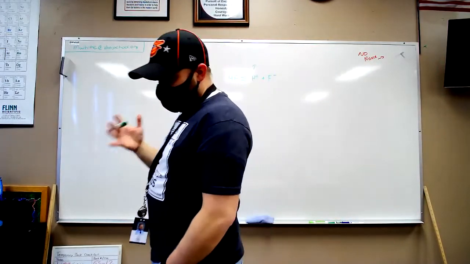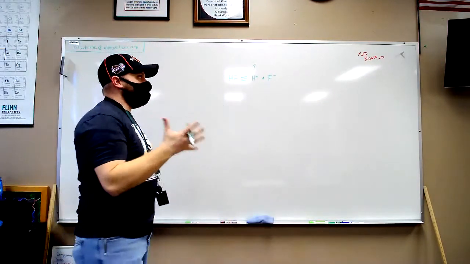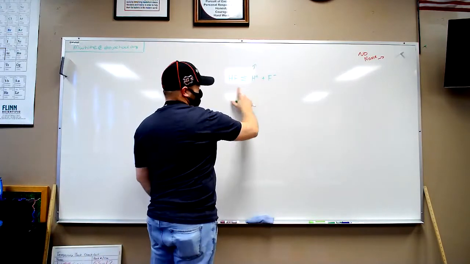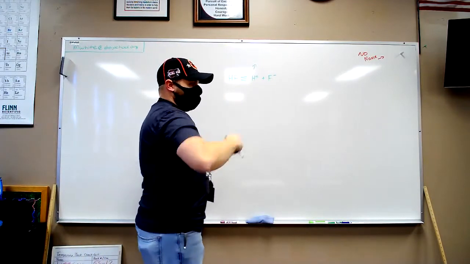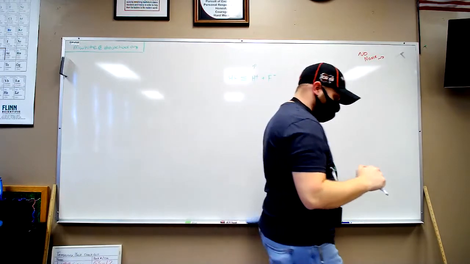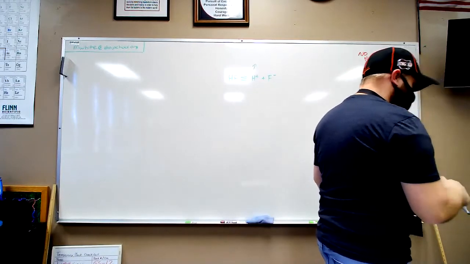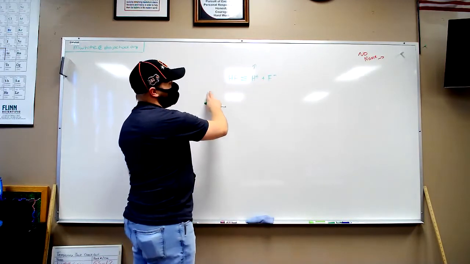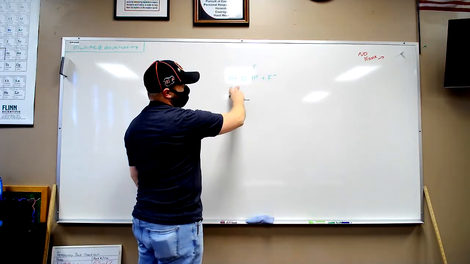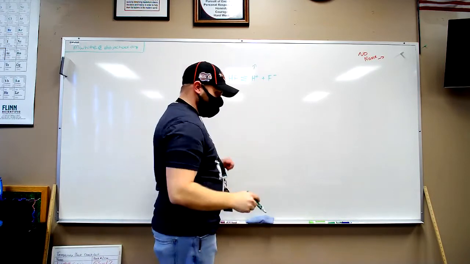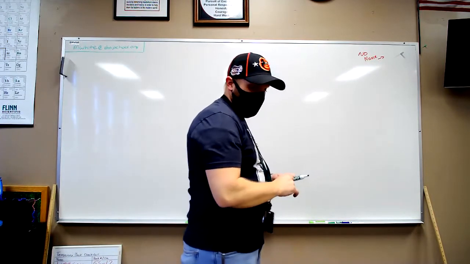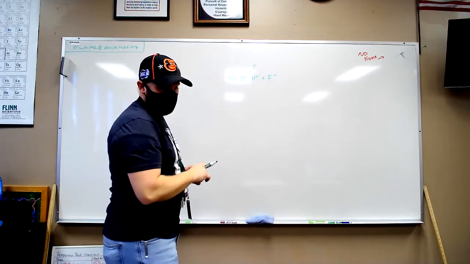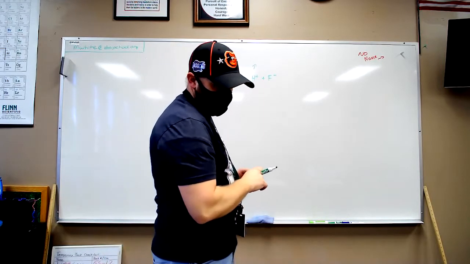Now, they do have limits. If you use up all of your buffer, then the pH is going to change very rapidly as you continue to add. But as long as you still have whatever it is in your buffer system available, your pH is going to change very little.